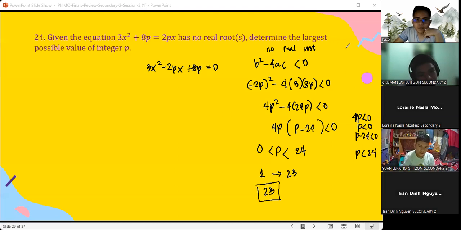And then take note that he separated it into two numbers. So this one, you change also the sign pala. So this one becomes that one. Any questions? None. Okay.